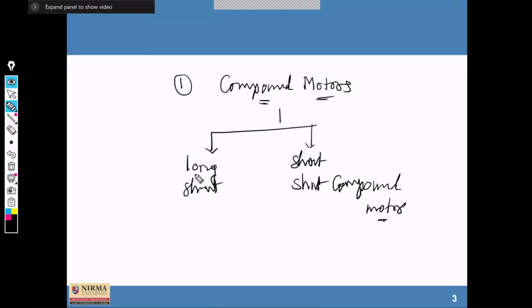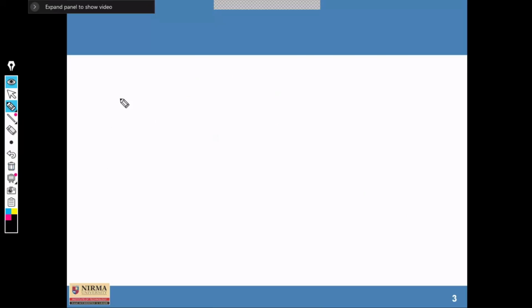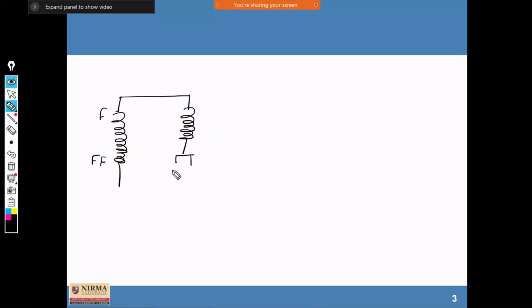Clear? Now, what is long shunt and short shunt? The meaning itself says that the shunt or parallel connection is long. Here, this is your field winding AFFF, and part of the field winding is connected in series with the armature winding also.